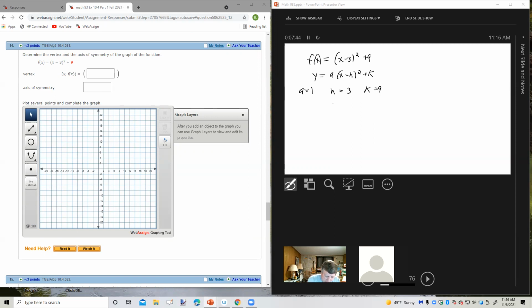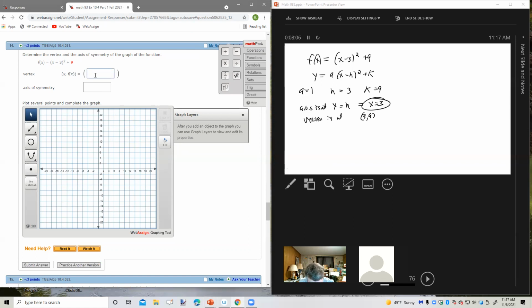So the axis of symmetry is at x equals h, so x equals 3. The vertex is at (3, 9).